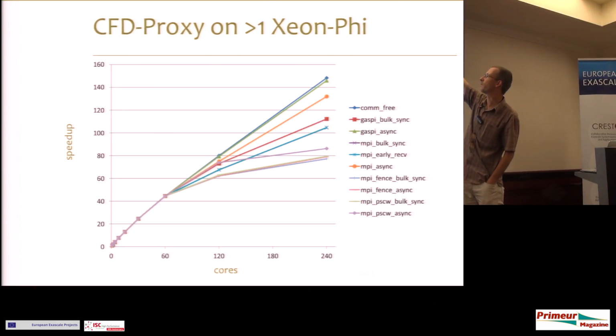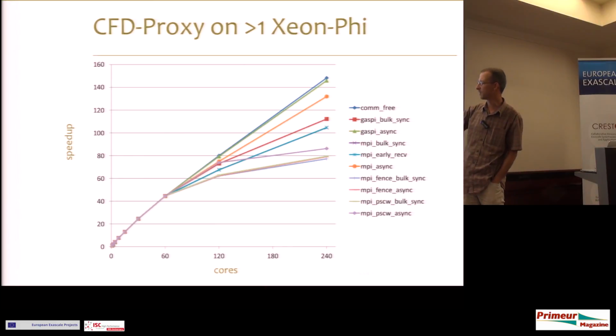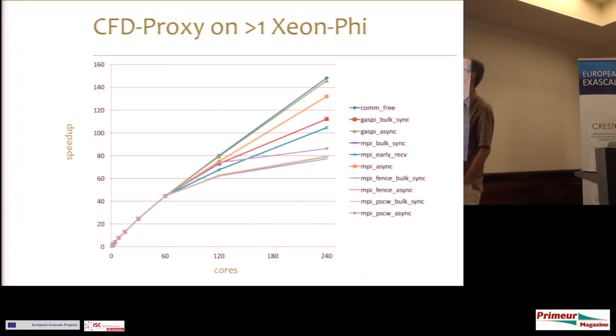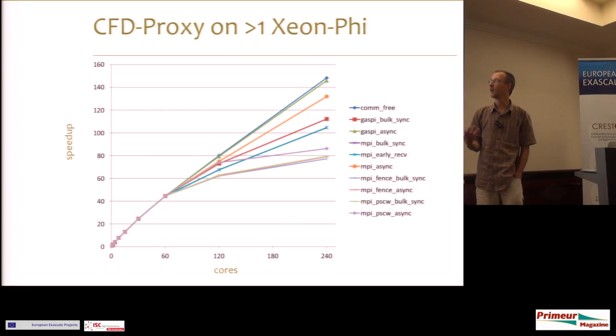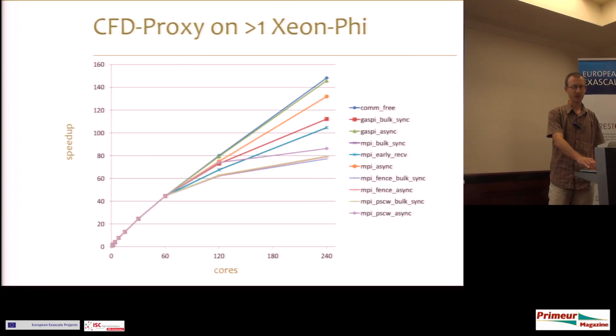This is on a system with 4 Xeon Phis, so up to 4 Xeon Phis, you'll end up with maximally 250 cores. And as you scale up the number of cores, some of the versions scale well, some of them scale better. And we're investigating what techniques you need to make them scale well.